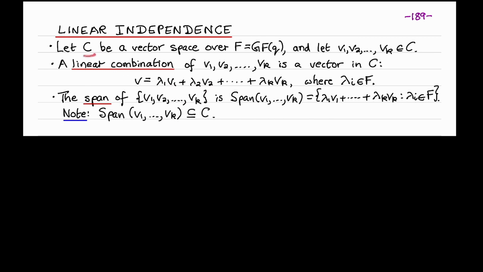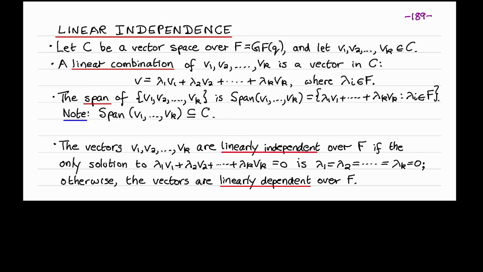So let C be a vector space over F, and let v1 through vk be vectors in C. A linear combination of these vectors is a vector in C of the form lambda 1 v1 plus lambda 2 v2 plus ... plus lambda k vk, where the lambda i's are scalars in the field F. The span of vectors v1 through vk is the set of all linear combinations of v1 through vk. Note that the span is a vector subspace of the vector space C.